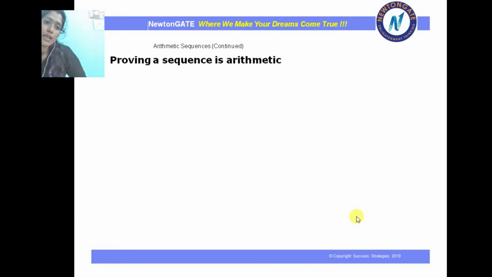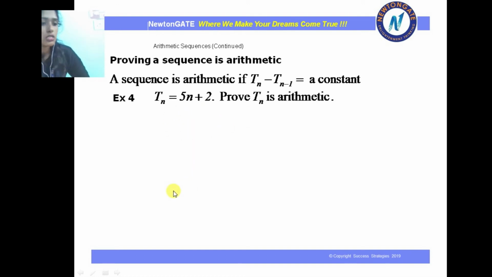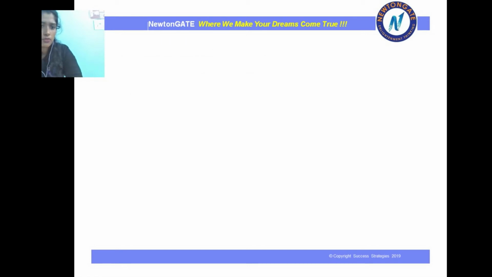So proving that a sequence is arithmetic, here is another example I have taken: 5n plus 2, and we have to prove that Tn is arithmetic. I will request the students to try this on your own. It's very simple, just like the previous one we had done before.